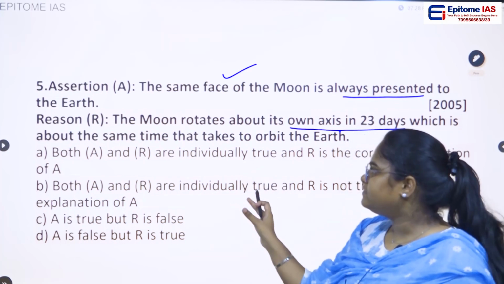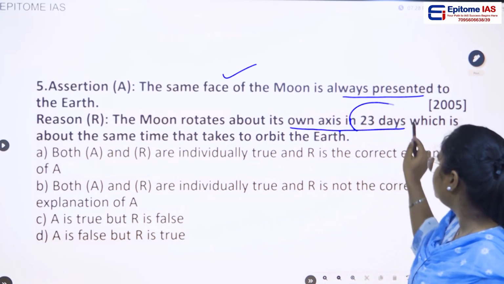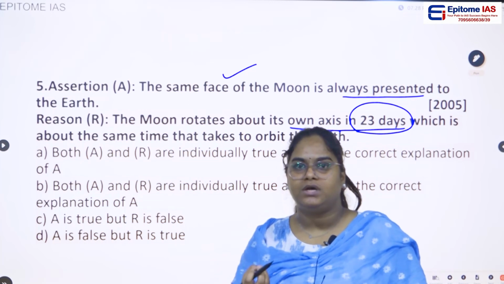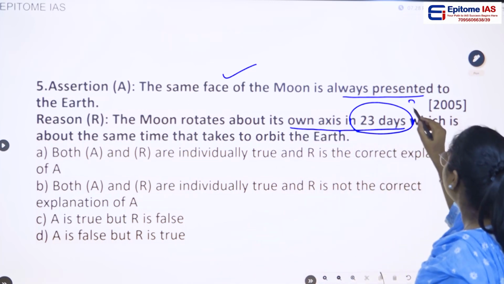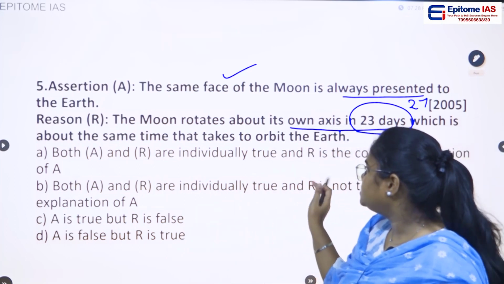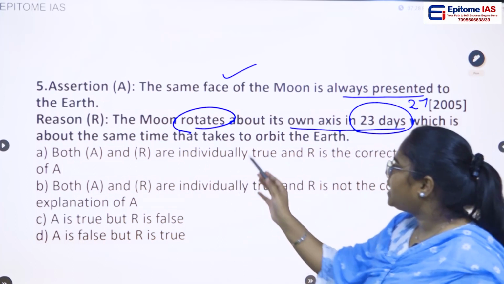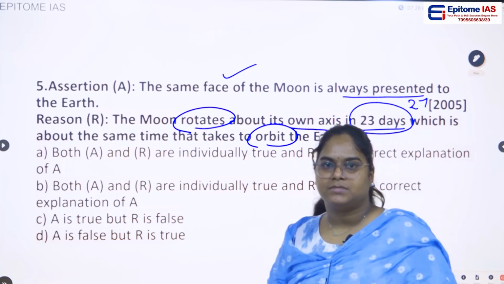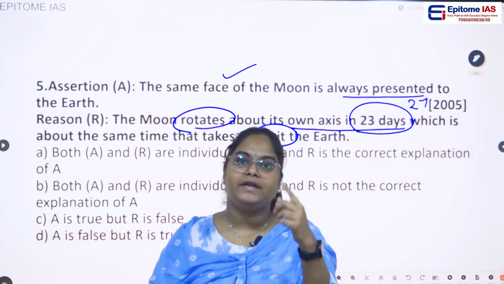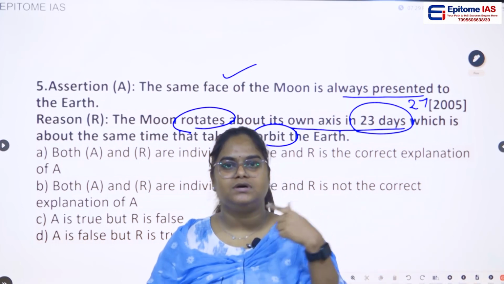And if you see the reason which is given, that the moon rotates about its own axis in 23 days. Is that so? No. The moon takes approximately 27 days to rotate, and about the same time is taken to orbit the Earth. It takes 27 days to rotate, and it also takes the same 27 days to revolve around the Earth.